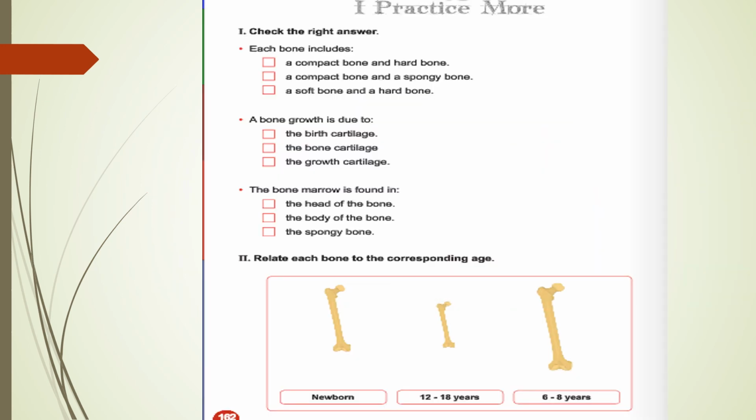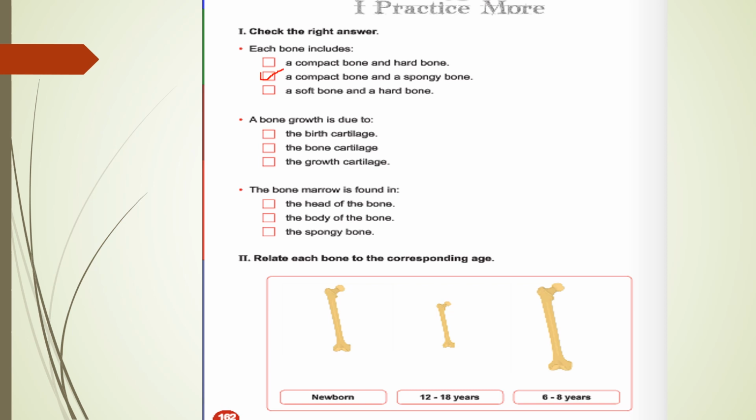Check the right answer. Each bone includes a compact bone and hard bone? Of course not, because the compact bone is the same as the hard bone. A compact bone and a spongy bone, or a soft bone and a hard bone. Of course, it is the second answer, which is a compact bone and a spongy bone.